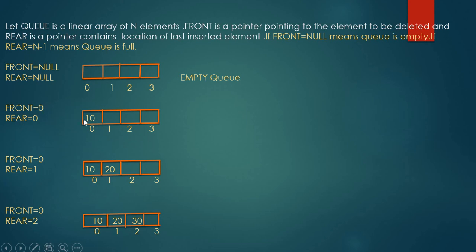And at that rear position we are inserting this 10. If the queue is empty, then you are going to insert the first element. That is why we need to change both pointers, front and rear.